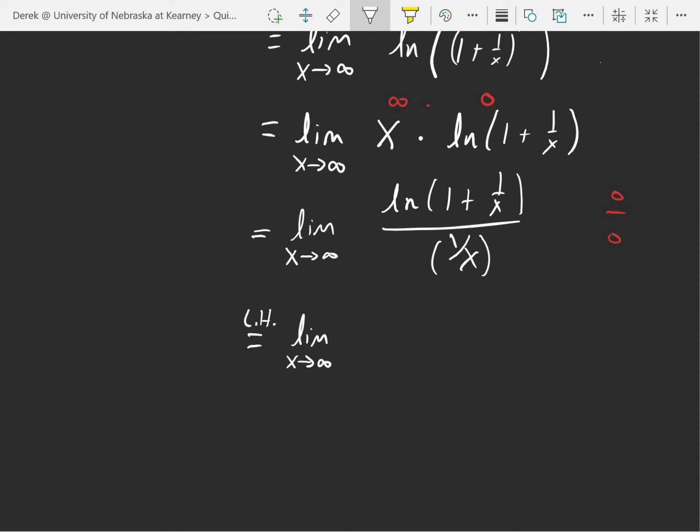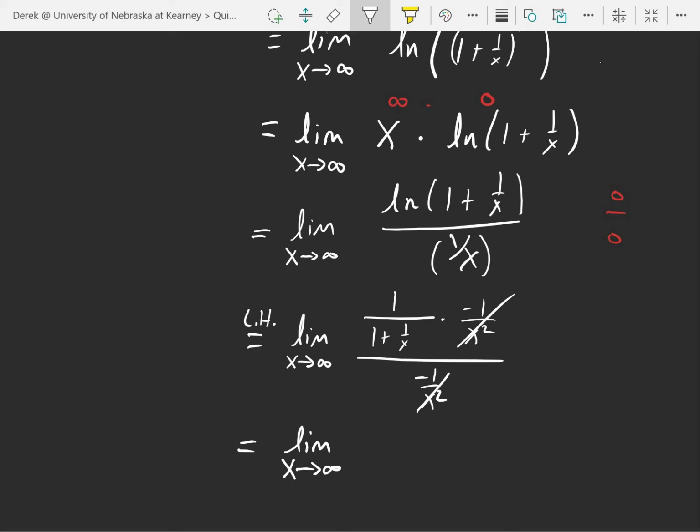I'm going to have to use the chain rule. So it's 1 over 1 plus 1 over x times the derivative of the inside stuff. So that's going to be negative 1 over x squared, and then divided by negative 1 over x squared, which is the derivative of the denominator. Those will cancel. This is the limit as x goes to infinity of 1 over 1 plus 1 over x.